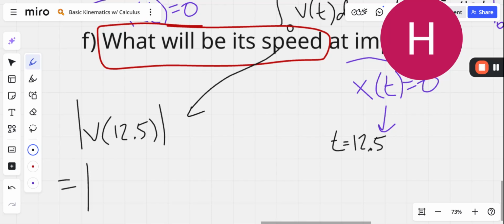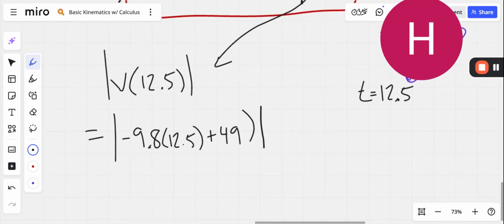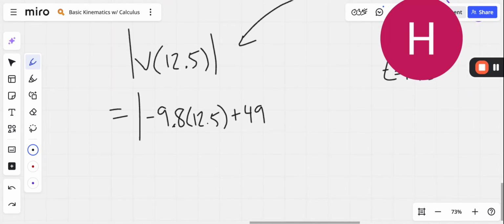And this is essentially going to be the absolute value of negative 9.8 times 12.5 plus 49. Okay, so we're going to get, I should probably put that here. Let's see, 9.8 times 12.5. Is it really? 122.5. Yeah, it's 122.5. That's funny. Oh, but it's negative.